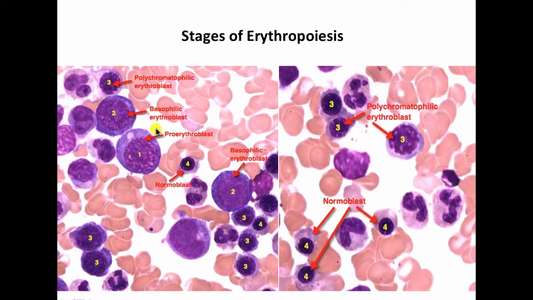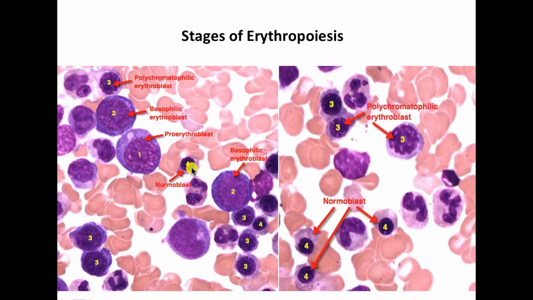And then look around until you find something that has a smaller nucleus, a cytoplasm that is not quite as basophilic as it is here due to the production of hemoglobin. That would be the polychromatophilic erythroblast.